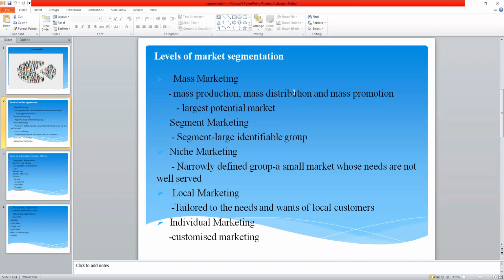Now when you have the sugar free packaging, it means there are few customers who need that category of product. That is niche marketing. The characteristics are that they have a distinct set of needs.